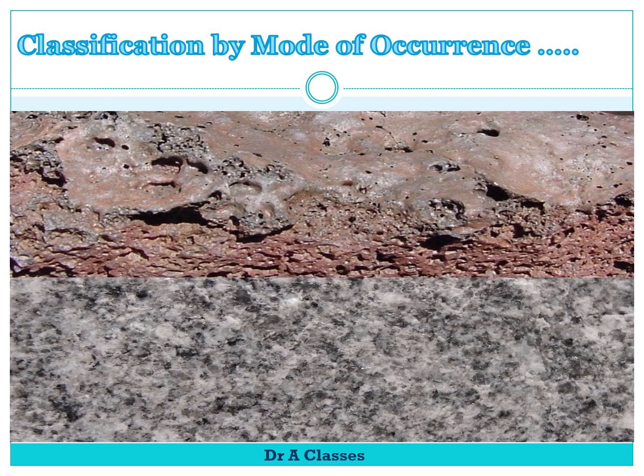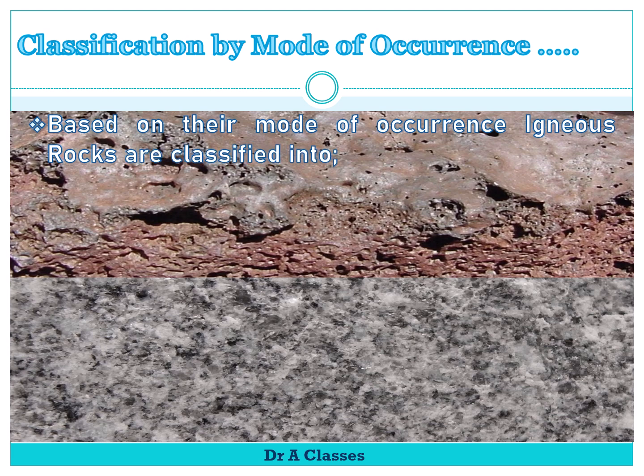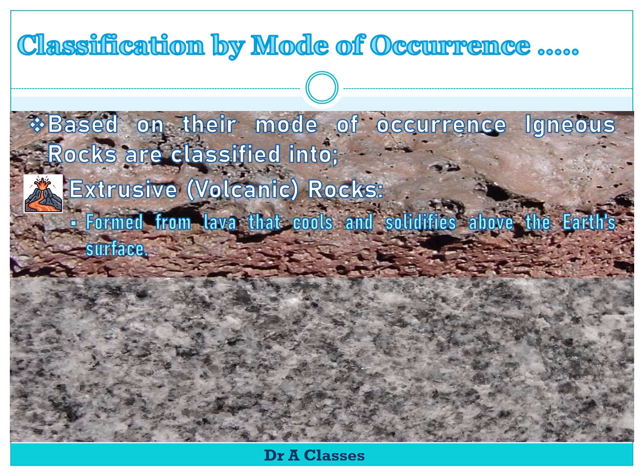Classification by mode of occurrence. Here we will discuss how igneous rocks are classified based on their mode of occurrence, meaning where the molten material cools and solidifies. Extrusive or volcanic rocks form when lava erupts onto the Earth's surface and cools quickly. The name volcanic is derived from Vulcan, the Roman god of fire, representing their fiery origin above ground.